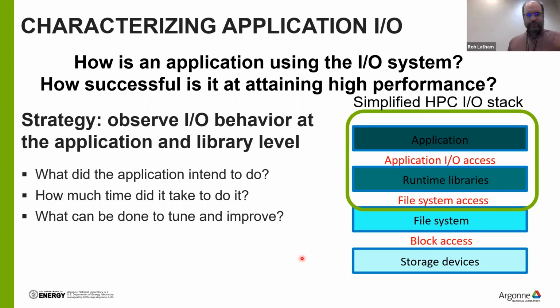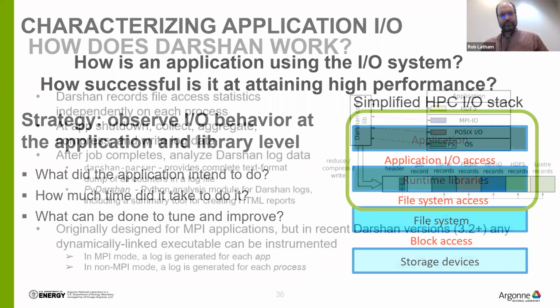And we also want to keep the overhead down so that this characterization can be running all the time. We don't want to have to run the experiment one time and then come back later and add the instrumentation, because then we've lost an opportunity to learn how the application is behaving at that moment.